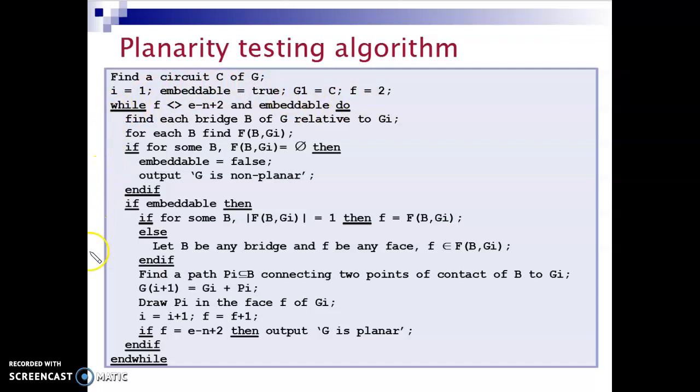Then the main loop of the algorithm is in this while loop, and it goes on and on in iterations until the whole graph is drawn in a planar way. Or if the graph is not planar, this algorithm will tell you at some point that G is not planar.